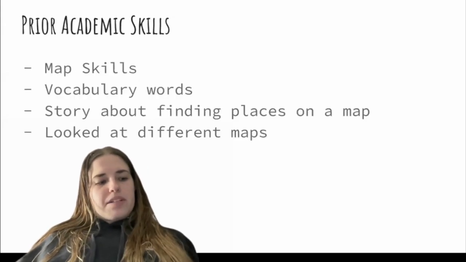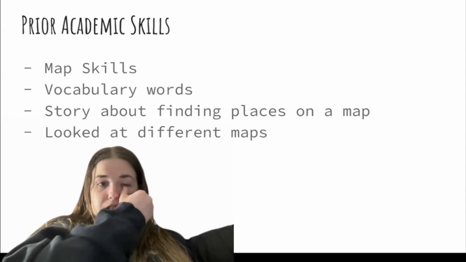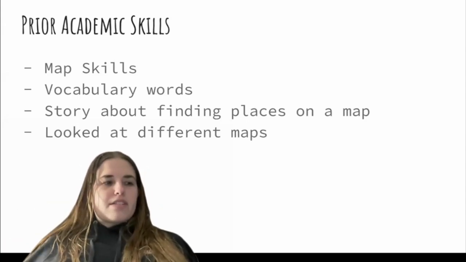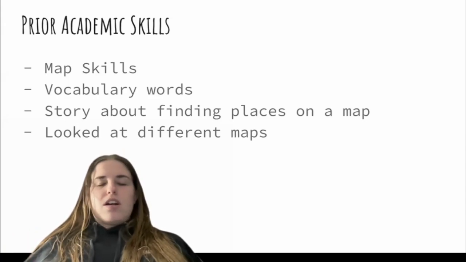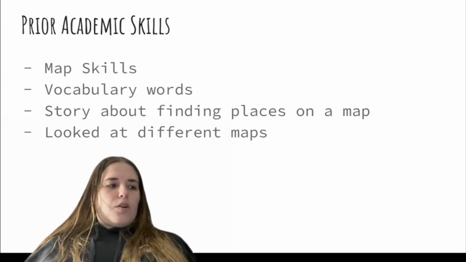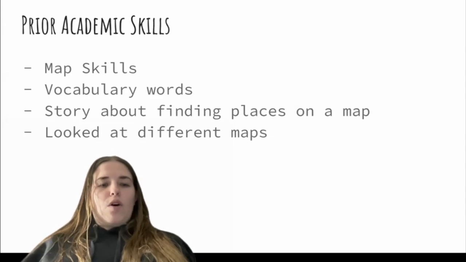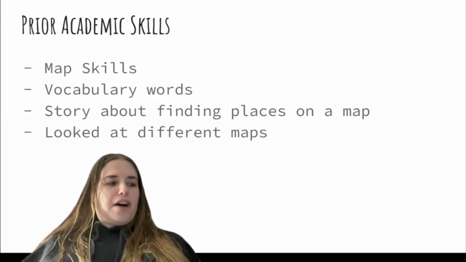So the prior academic skills that the students have already developed in the previous lesson, they will use what they learned about the map and their vocabulary words in this lesson. We already looked at different types of maps and pictures of these maps, and they have already read a story about how to find different places on a map.